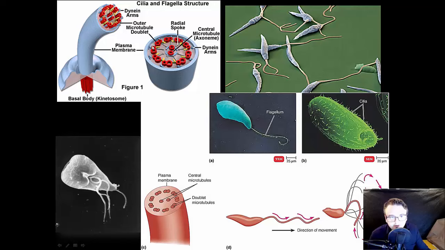These structures form their own little ring, and then internally are connected to these around the edge here. And the way this works is that these two middle tubes will slide past each other. When they slide, they create a tension that will ultimately move this entire flagella one way or another.